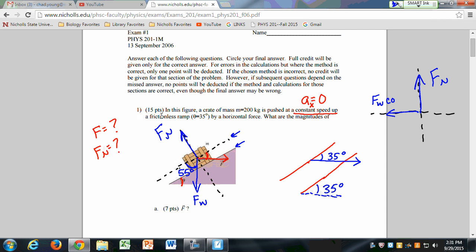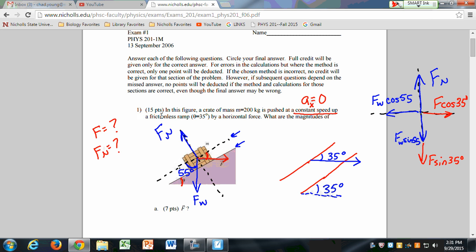I'm going to go ahead and resolve my force weight. Fw cosine of 55, Fw sine of 55, and then I'm going to go ahead and resolve that other force vector, F. I'll do it in red. This is going to be F sine of 35, and this will be F cosine of 35.